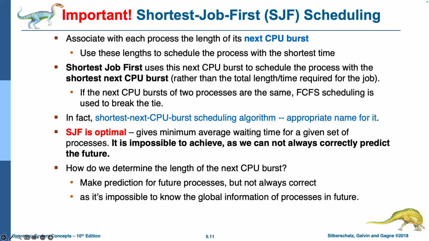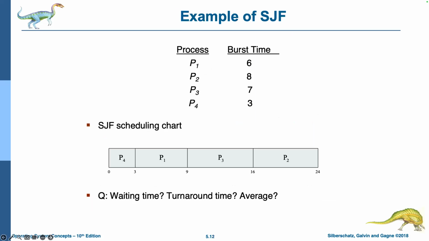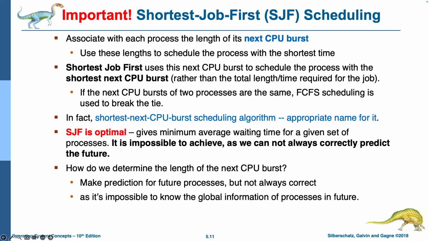Consider how much running time the CPU spends to predict the future. It's a balance. Maybe the CPU can know some global information, like this process may be very long, so I put it at the end.